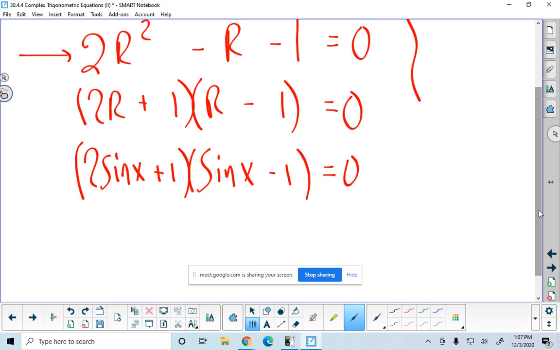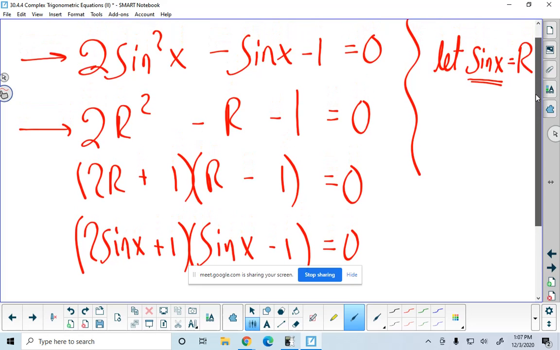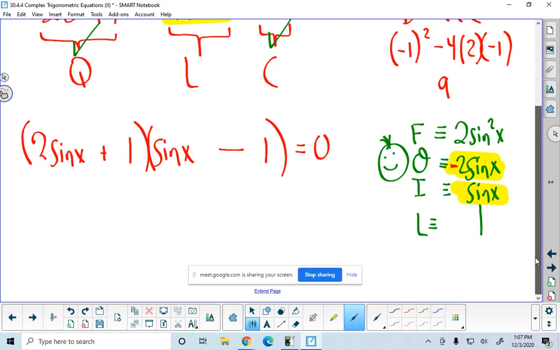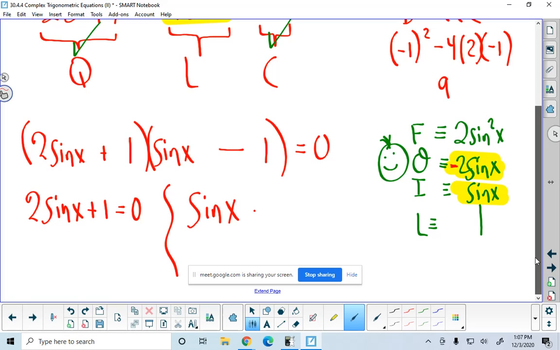I think it's a visual roadblock in some people's brains to see this quadratic with the sine. Anyway, back to the question. Now what we do is we write 2 sine x plus 1 equals 0 and sine x minus 1 equals 0.